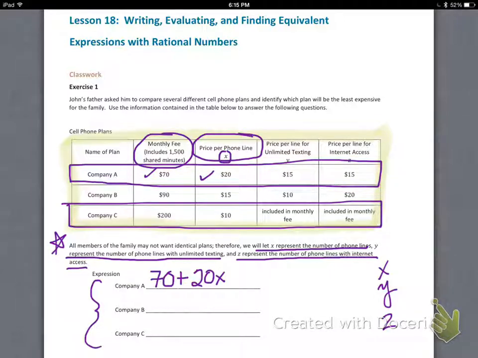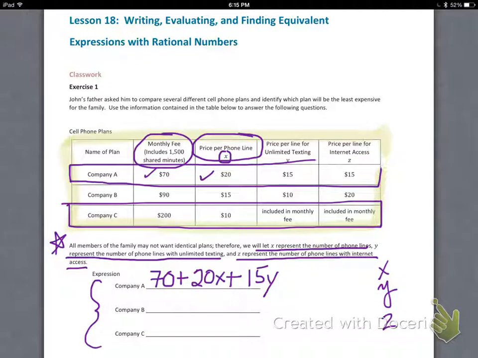So for every one person, which is going to be represented by X, we will multiply that times 20, okay? And then to that, we're going to add the price per line for unlimited texting, and that is 15. And we said we are going to use Y to represent those who want unlimited texting.